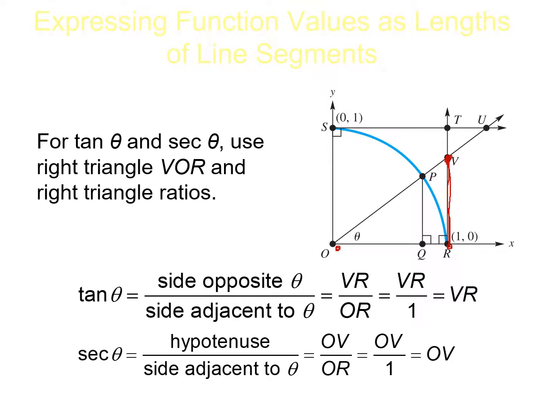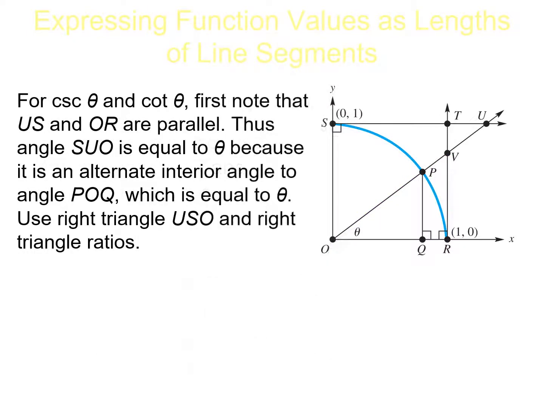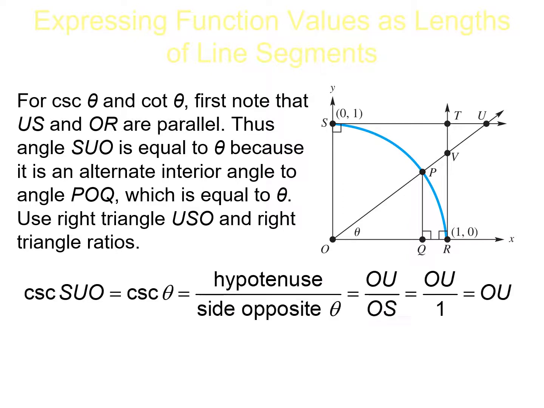The secant of theta corresponds to OB. This is my OB, so that corresponds to the secant. Now, for cosecant and cotangent, first you have to realize that US and OR are parallel. So angle SUO is equal to theta because they're alternate interior angles to POQ. So we can use the right triangle USO and the right triangle ratios.